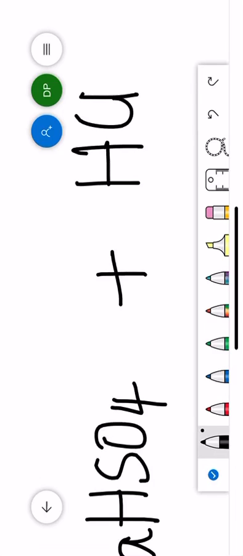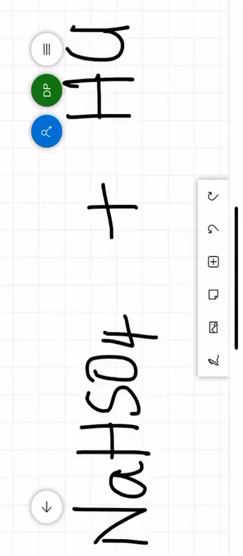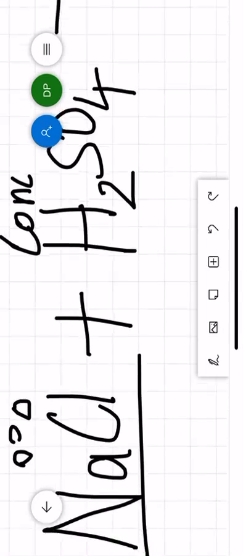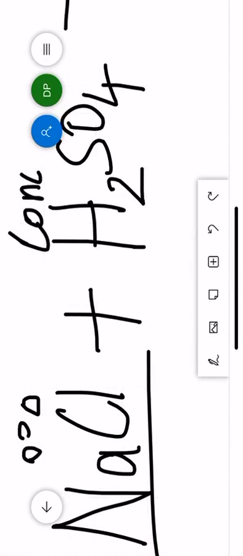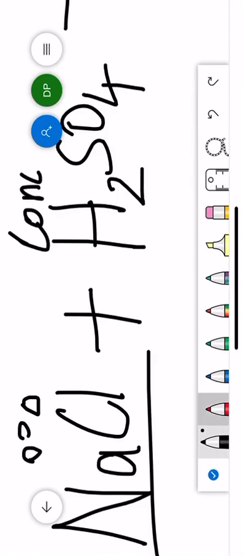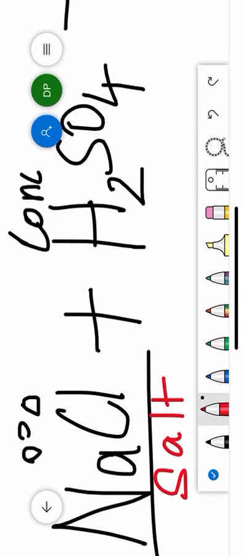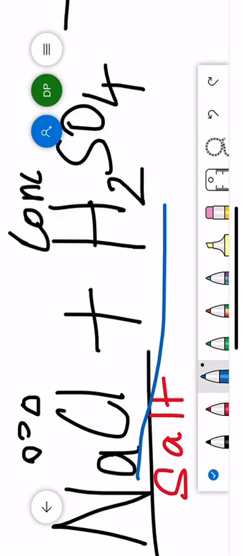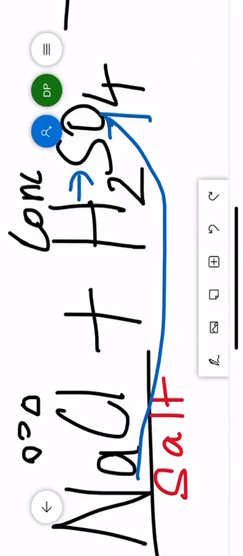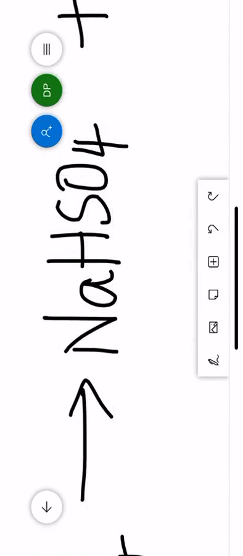Just wait, sorry, my stylus is not working. There you go. What did we add? We added salt and sulfuric acid. What happened? The Na joined with SO4 and one atom of hydrogen, and that's how it formed NaHSO4.